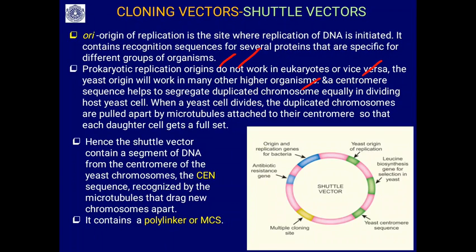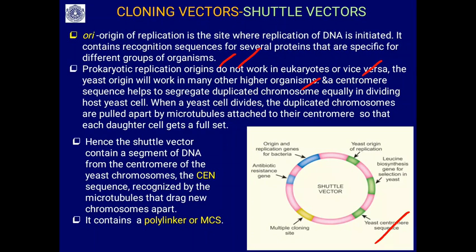Hence the shuttle vector contains a segment of DNA from the centromere of the yeast chromosome, the CEN sequence, the yeast centromeric sequence. It is recognized by microtubules that drag the new chromosome. Once it gets replicated, it has to separate for each daughter cell, and that is done by microtubules attached to this sequence.